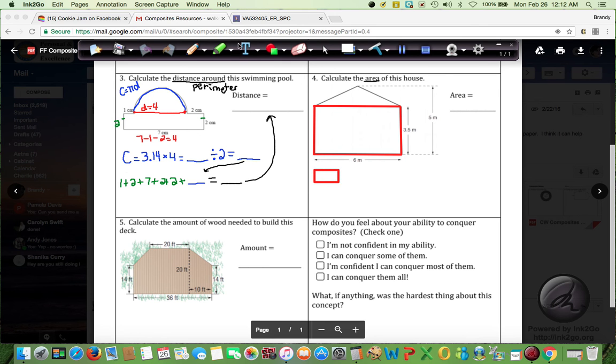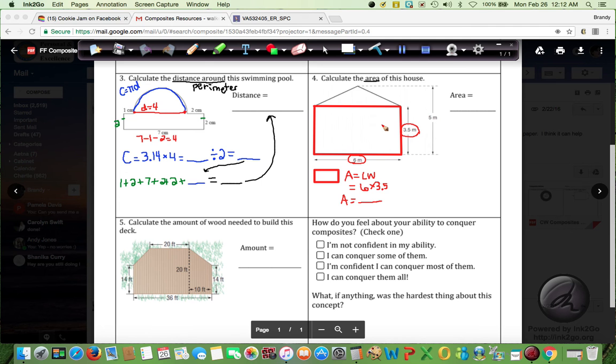So the rectangle is going to be area equals length times width, which is going to be a 6 by 3.5. So you just multiply it. And then you can tell me what the area is.